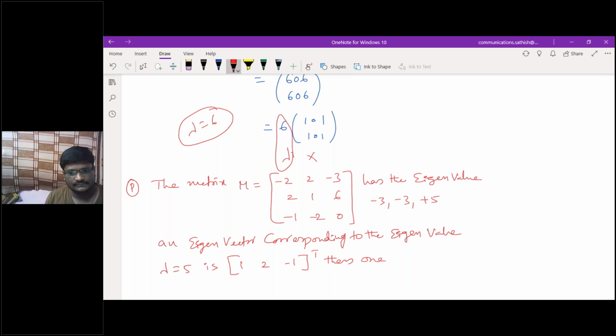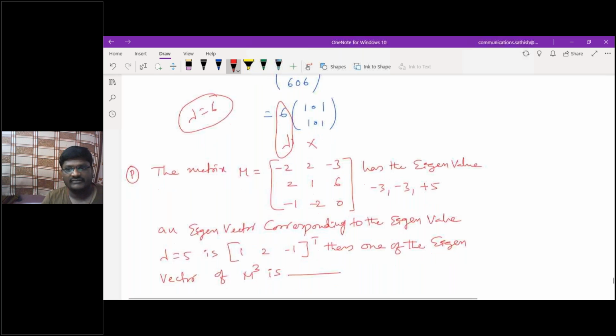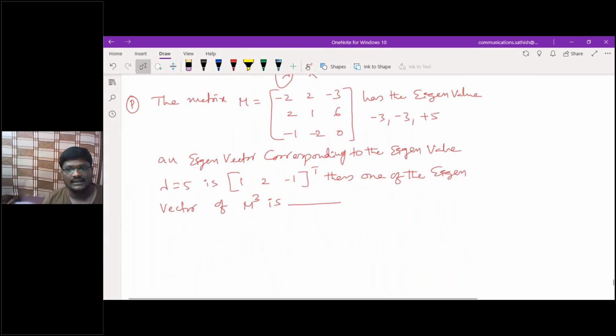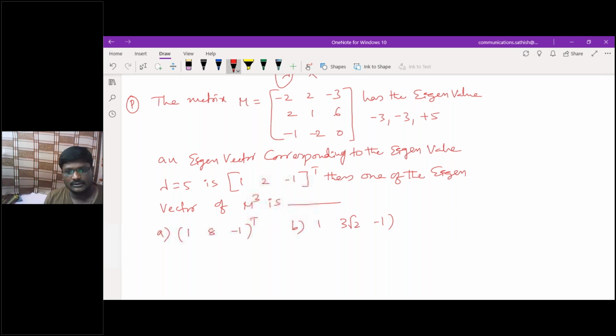Then one of the eigenvectors of M power 3 is: option A (1, 8, -1) transpose. Option B (1, 3√2, -1) transpose.